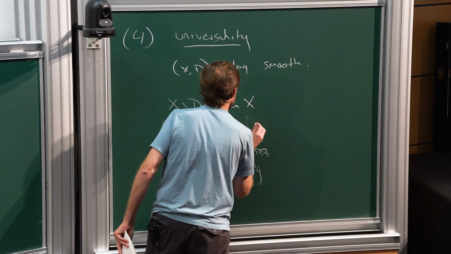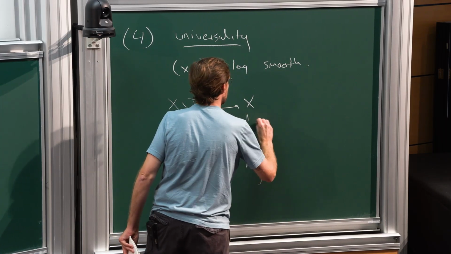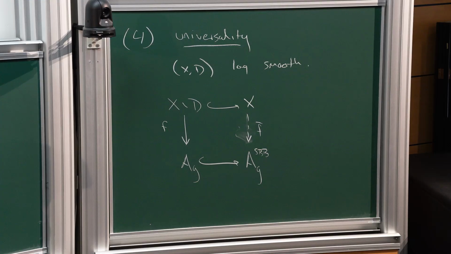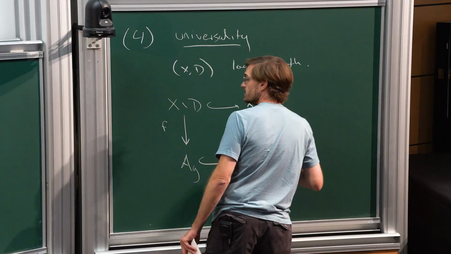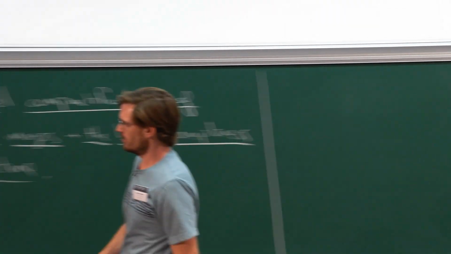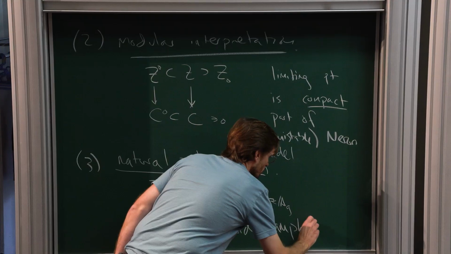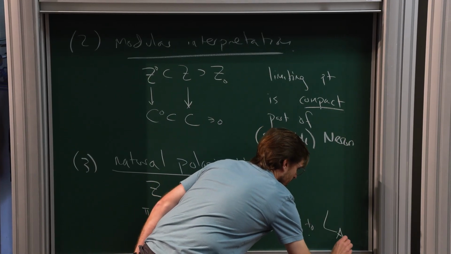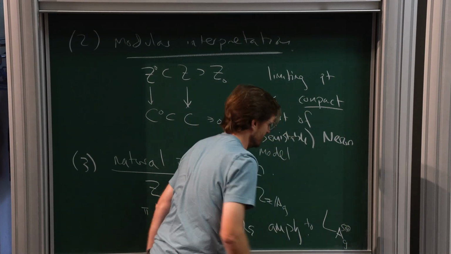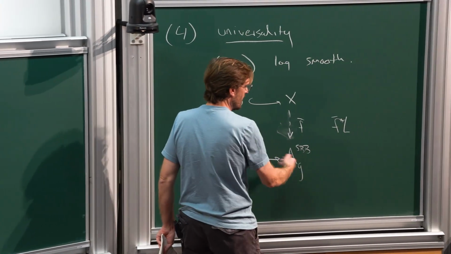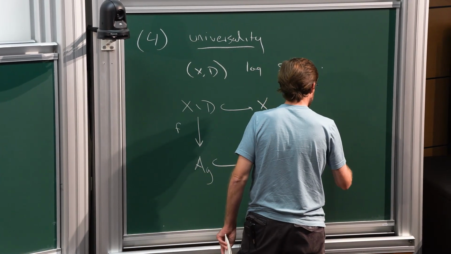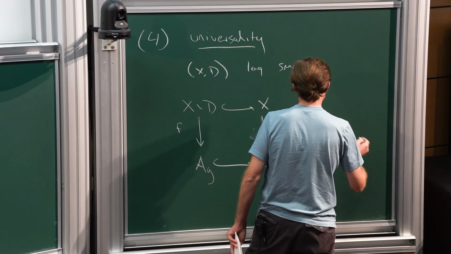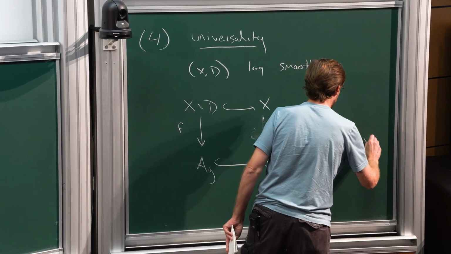So I get an extension here. And moreover, it's compatible with this natural line bundle. So the pullback of this, maybe I should say it extends amply. Let me give it a name, LAGSBB, which is slightly cumbersome. But that ample extension of the line bundle pulls back to the natural extension here, which I'll call LX.